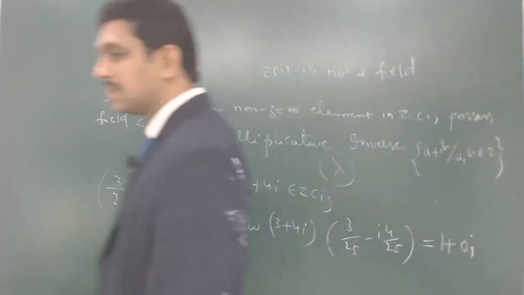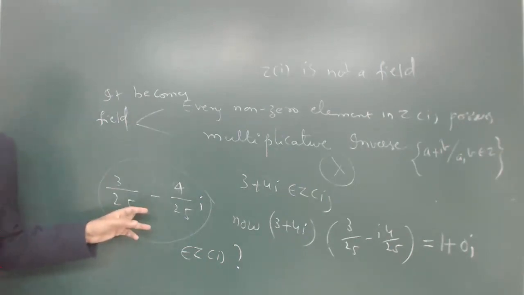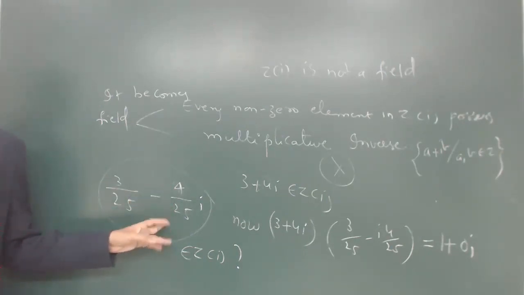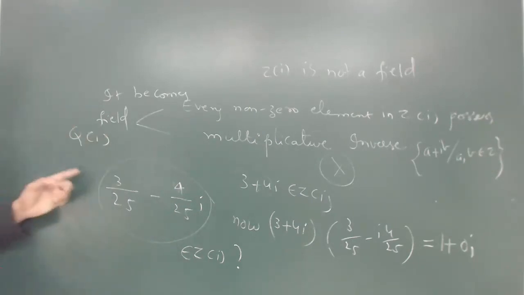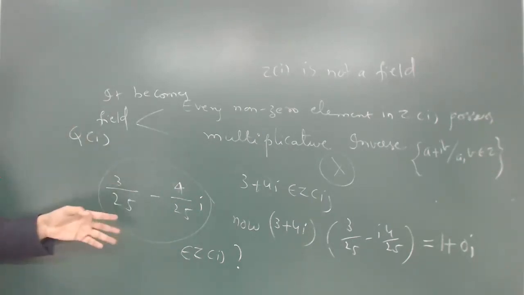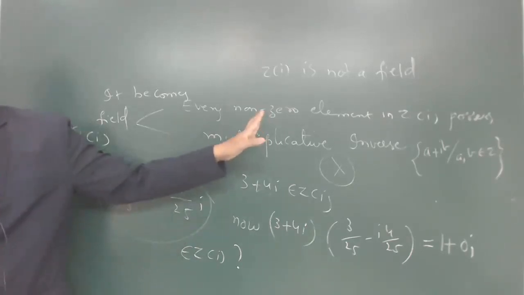They are simply integers. You cannot take fractions or rationals there. So 3 by 25 is a fraction and 4 by 25 is a fraction, which does not belong to Z. So this value belongs to Q of I, as the coefficients are rationals. So this is not an element in Z of I.